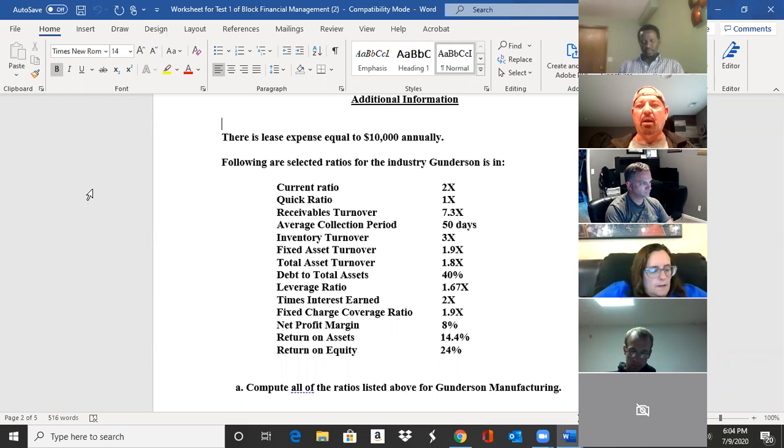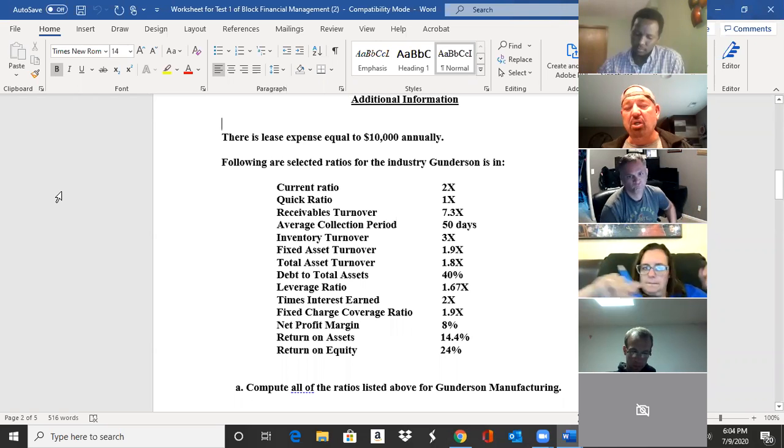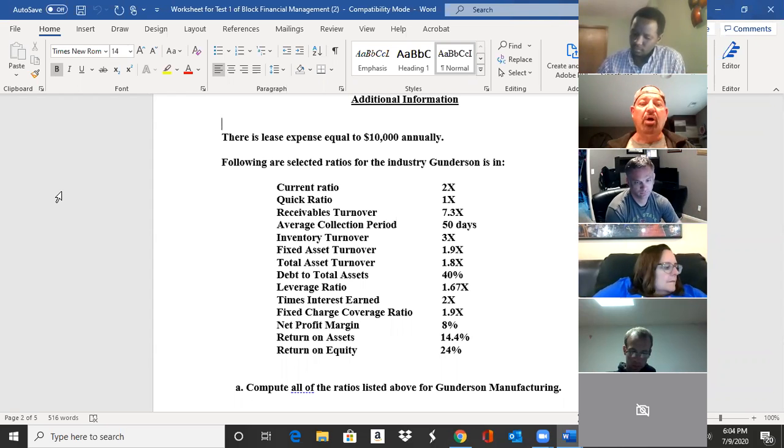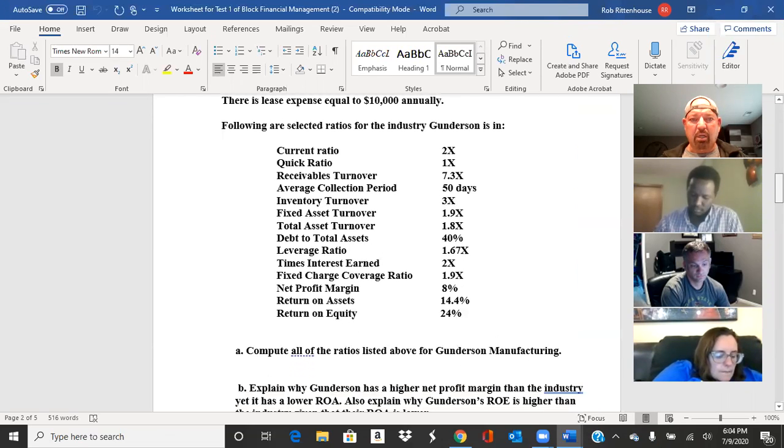Okay, and so if you hold everything else constant, the higher the total asset turnover ratio, the higher your return on assets. All right. So our total asset turnover is quite a bit less than theirs.